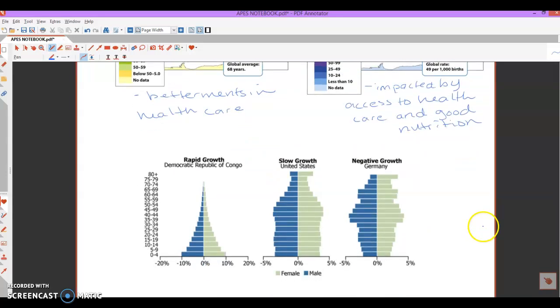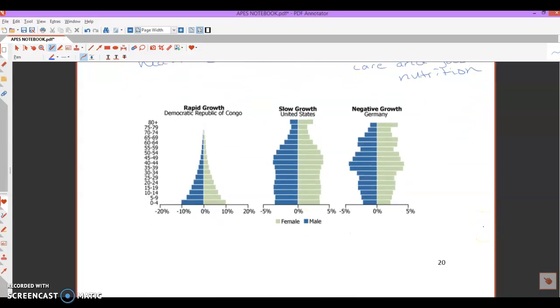All right, so let's look at population pyramids. Population pyramids show the age distribution based on gender. So here we have male versus female. The males are going to be in blue, the females are going to be in this greenish color. And then here are the ages.